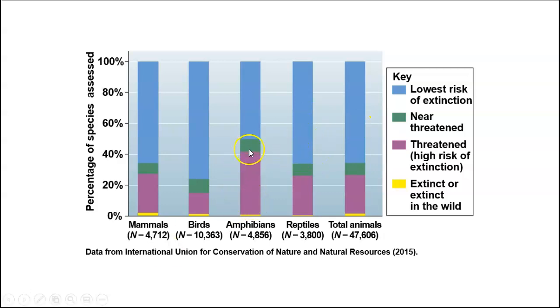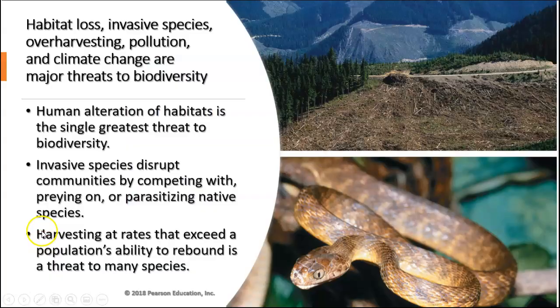Over 40% of amphibian species are threatened at a very high risk of extinction, and about another 10% or more are near threatened, so they're very, very close. These are kind of like an index species that gives us an idea of how endangered the biodiversity is in a particular ecosystem.